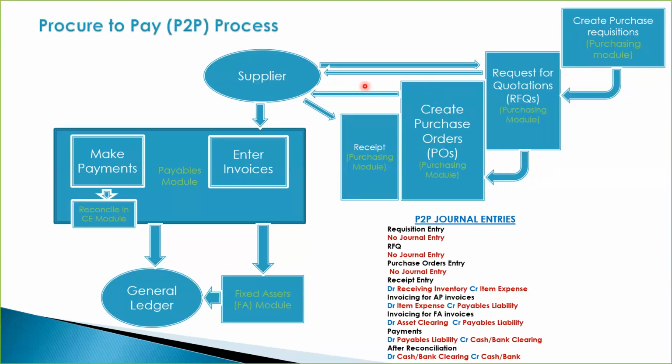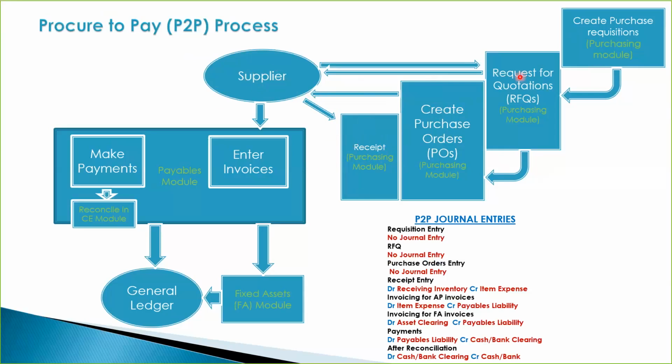That purchase order is sent out to the supplier. When that supplier receives the purchase order, they would prepare the goods, ship them, and send them to our office or our department. Within our department, we will receive those items.